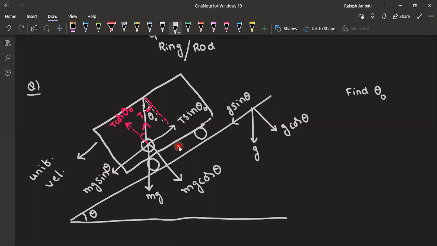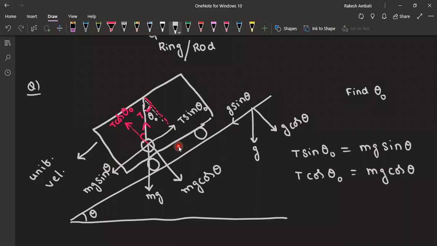So what are the balanced forces here? mg sin theta equals T sin theta naught. So T sin theta naught is balanced by mg sin theta. In the same way, what is the one more balanced force? T cos theta naught is balanced by mg cos theta. So these are the balanced forces.